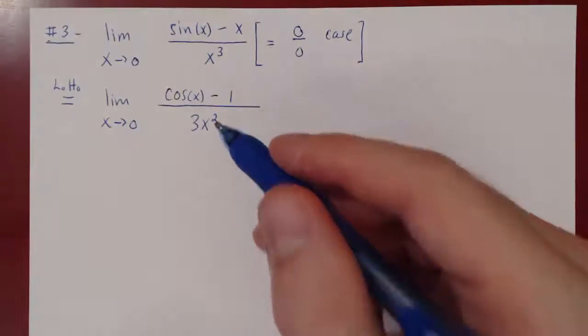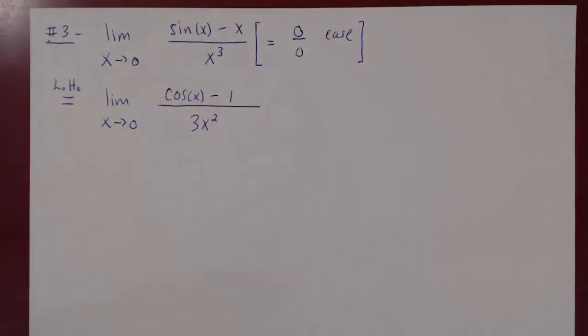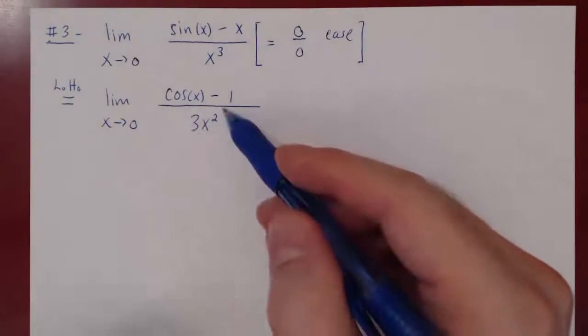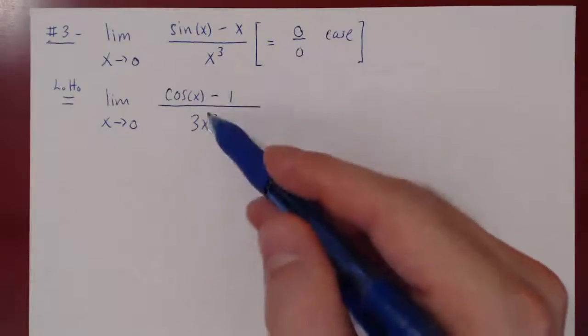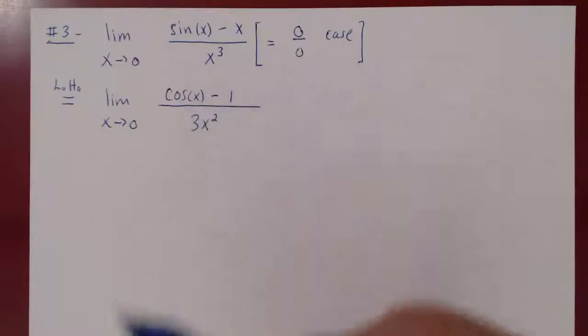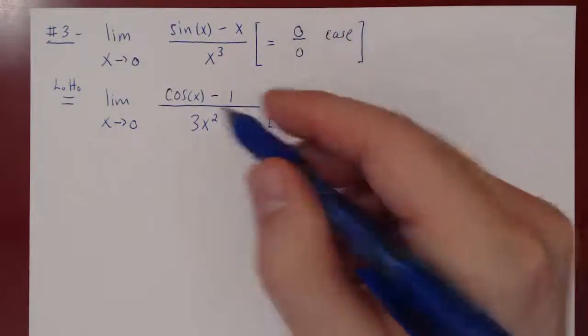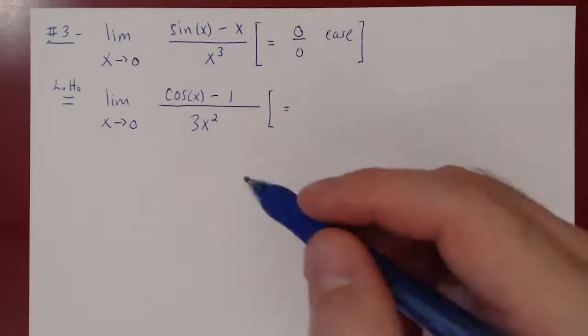Whenever you apply L'Hopital's rule and you have your new fraction, as much as possible, try and simplify it. Well, here it's already simplified. We can't simplify this any further, but if it were possible, you would simplify and then ask, what's your case? But first, since this is already simplified, we can look at our case.